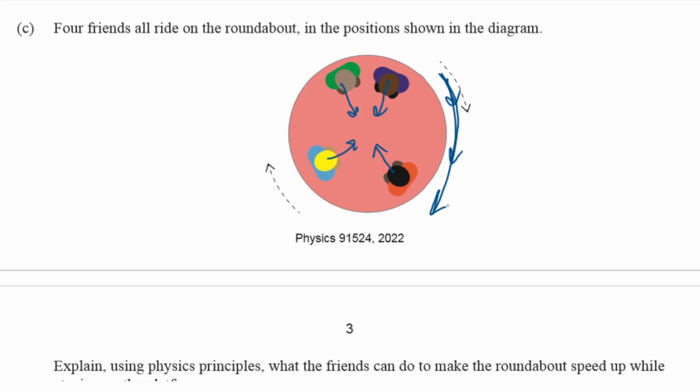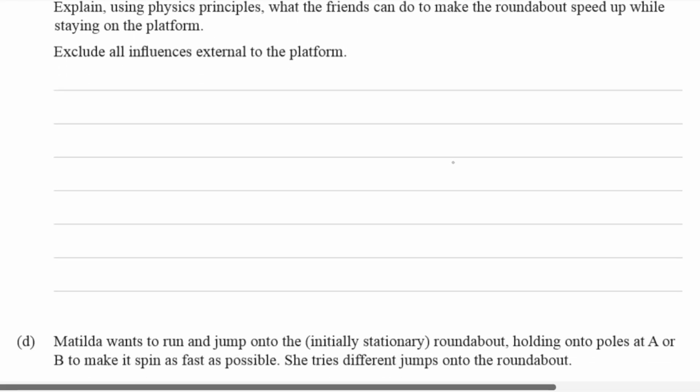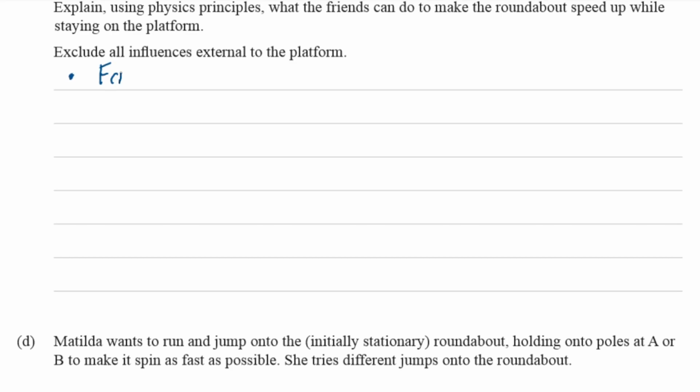And now we need to explain that using physics principles. So let's write a few bullet points. So our first point could be the friends could move towards the center. Great.